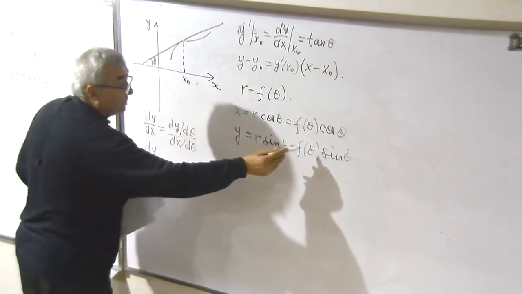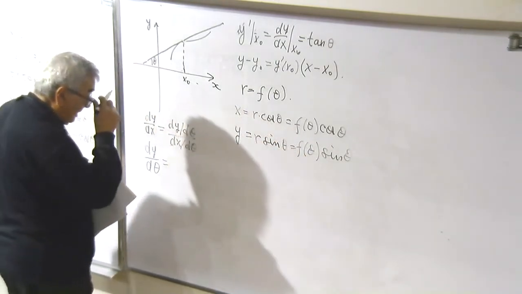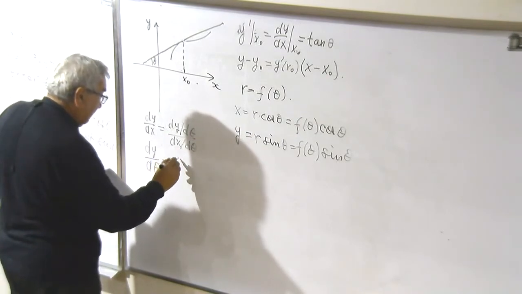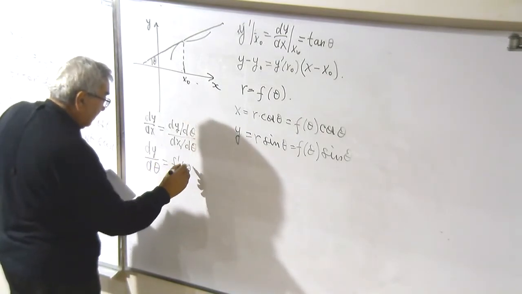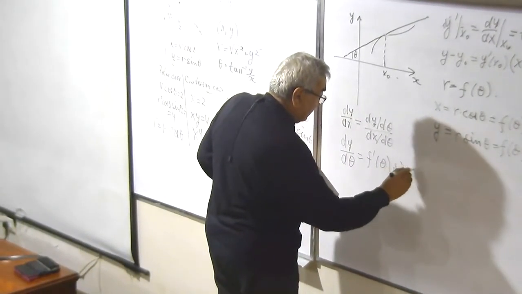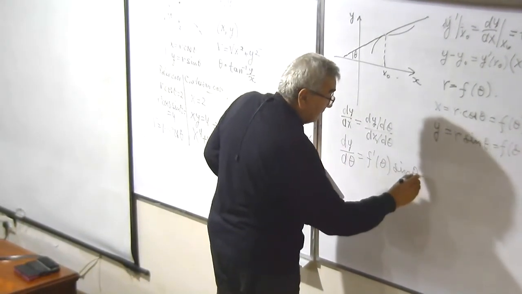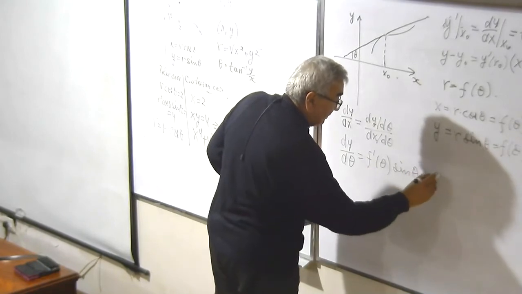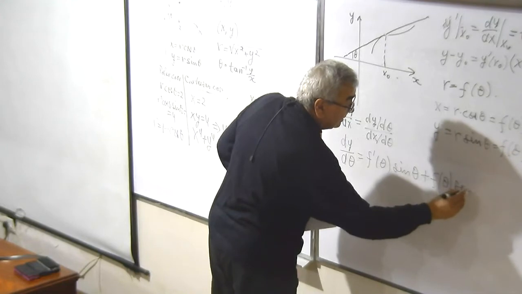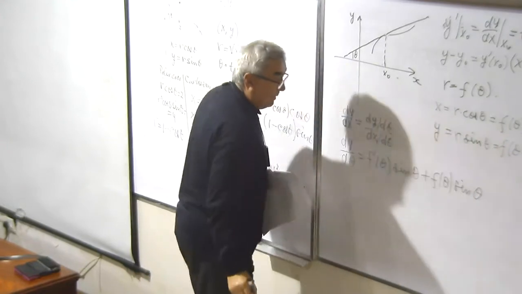That means it is a product of two functions. So the first will be f'(θ) multiplied by sin θ, plus f(θ) times cos θ.